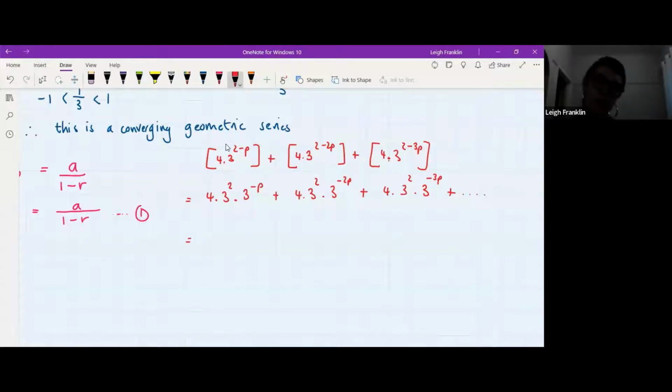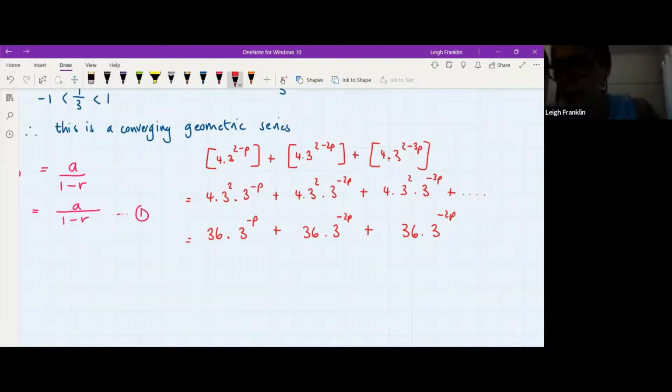So 3 to the power of 2 is 9, times 4 leaves me with 36 times 3 to the power of negative p, plus 36 times 3 to the power of minus 2p, plus 36 times 3 to the power of minus 3p, beg your pardon.